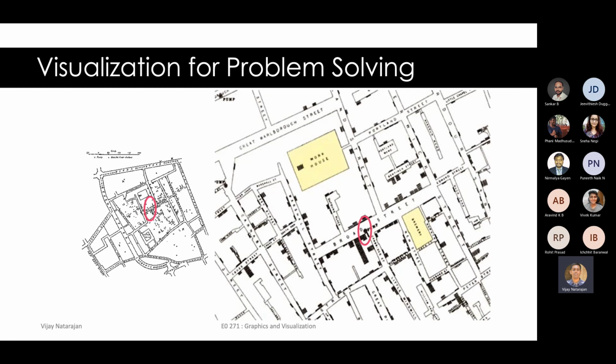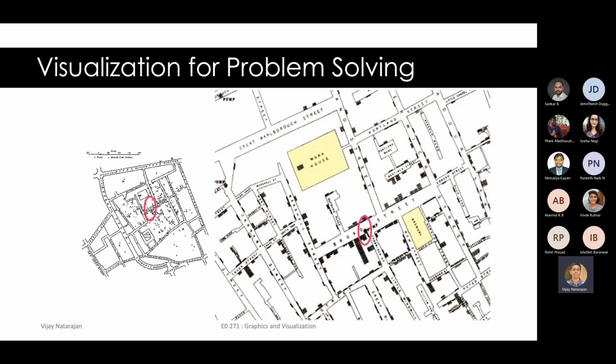And what they did was to go and test the water pump close to those high concentration regions. So what is shown here is a pump, the water pump next to that spike, and they found that it was infected. They went and tested this at all the other spikes, and they found that the levels of infection were very high close to those water pumps next to the spikes.